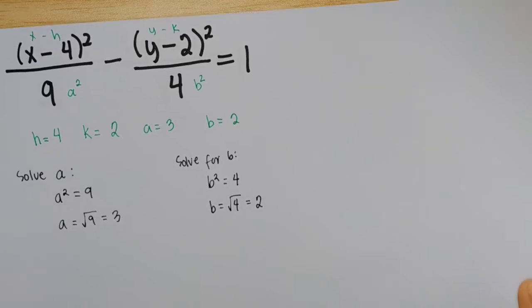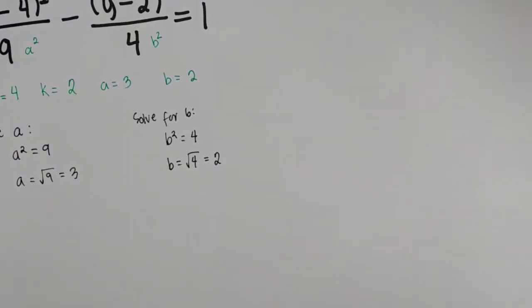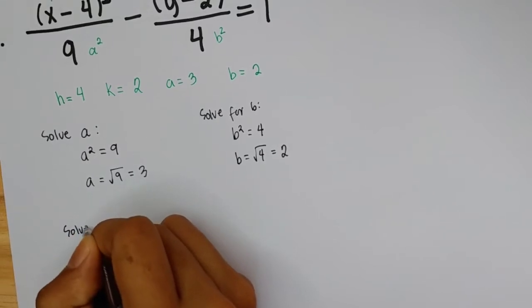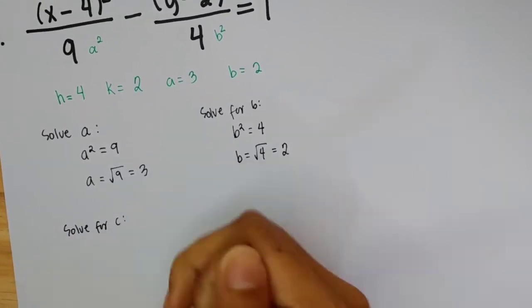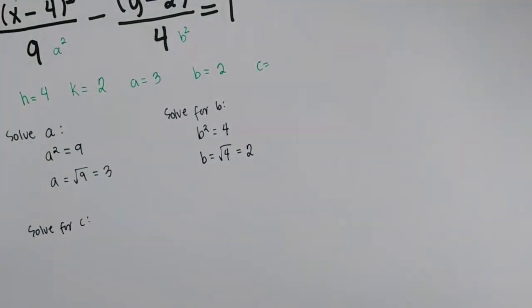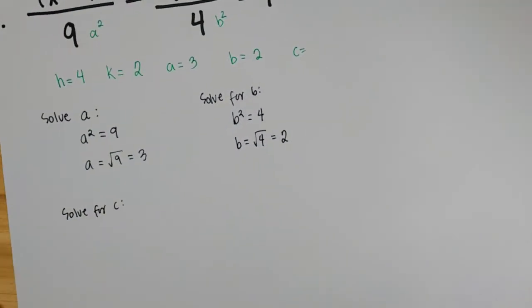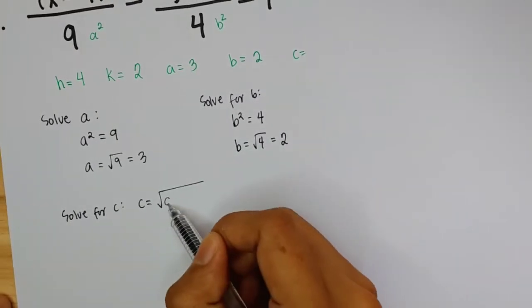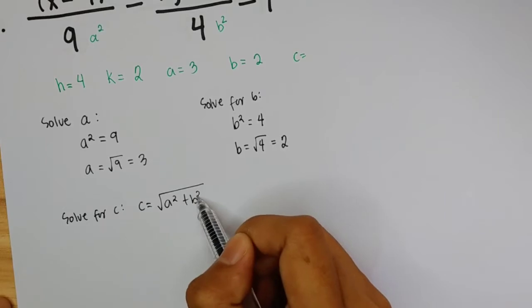Now, let's find c. What's our formula? c is equal to the square root of a squared plus b squared.